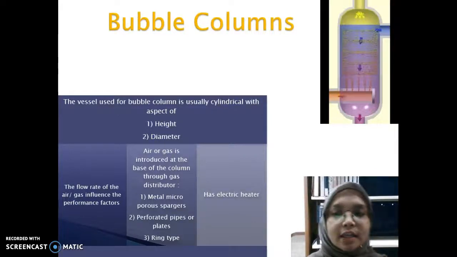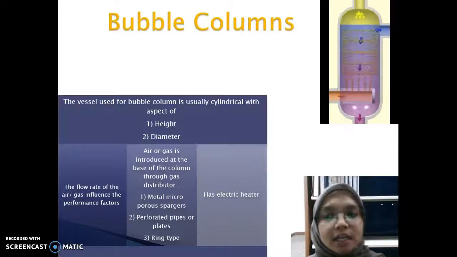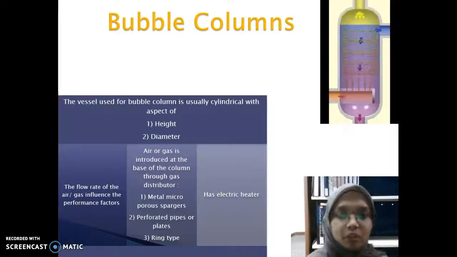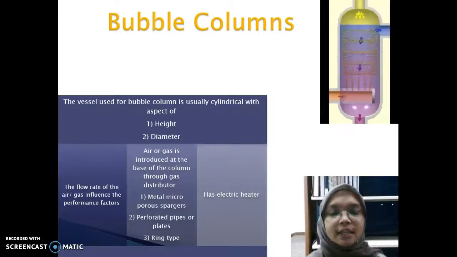Large reactor heights are required to obtain large conversion levels. That's why the bubble column used in industry is large in height, as they want to generate product on a large scale. Next is the flow rate of air or gas, which influences the performance factors.